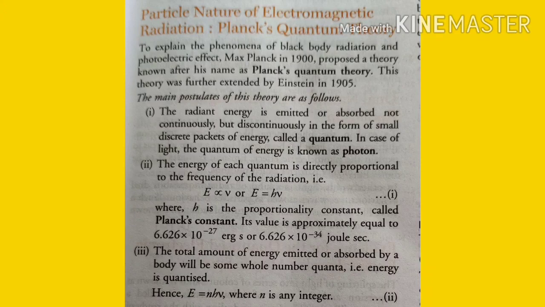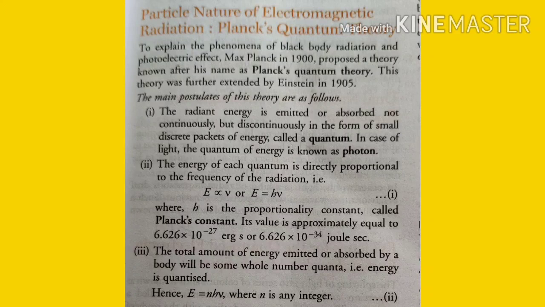Now the third point: the total amount of energy emitted or absorbed by a body will be some whole number of quanta, that is, energy is quantized. And then we can write E = n h nu, where n is any integer.